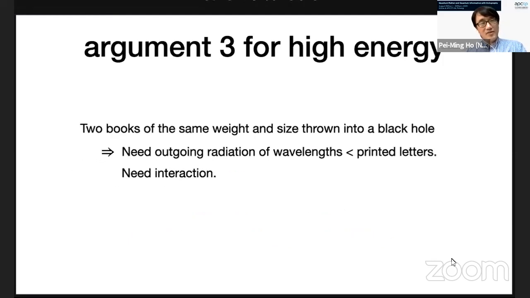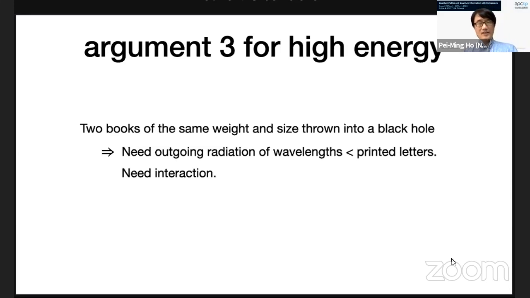So the last argument, also we consider two similar things collapsing. Here we consider two books of the same weight and size, but different story. Now, to tell the difference between the two books, you need particles with sufficiently short wavelength to distinguish the letters printed on the two books.